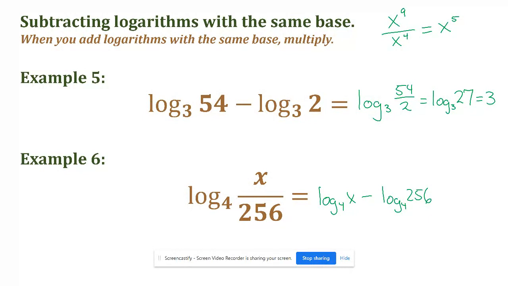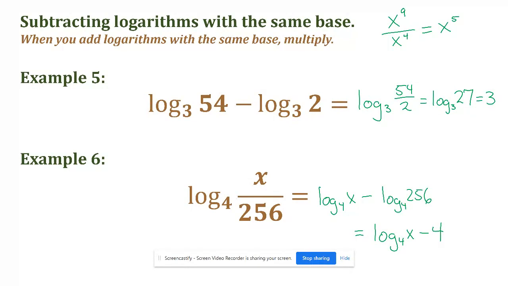And so similar to what we did on one of the previous slides, the reason we would do something like this is because even though we can't do anything with log base 4 of x, we do have something we can do with log base 4 of 256. So log base 4 of 256, 4 to the 4th power is 256. So that's going to be equal to 4. So what you're going to get here is this first term is just kind of stuck as it is, but then you have a minus 4. That second term works out to a nice integer.